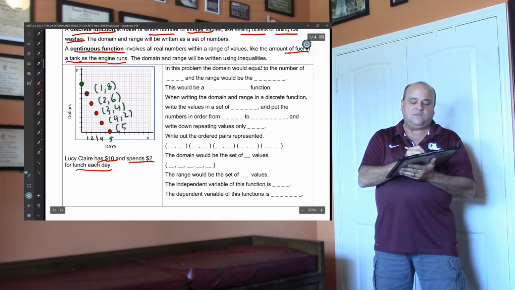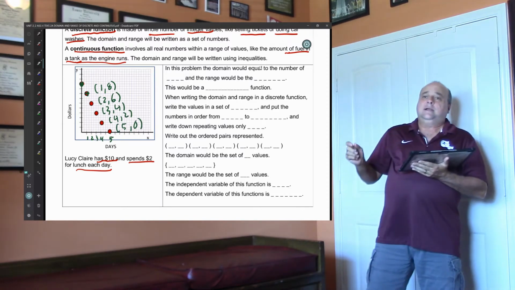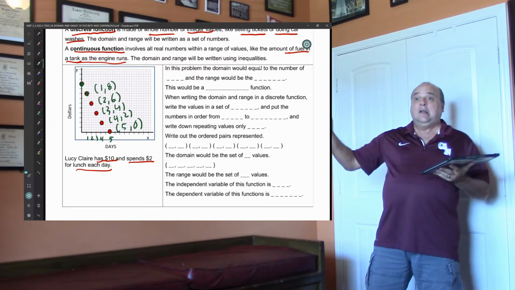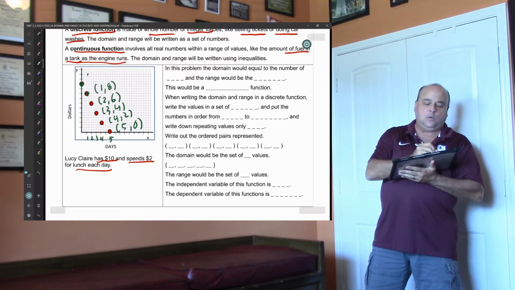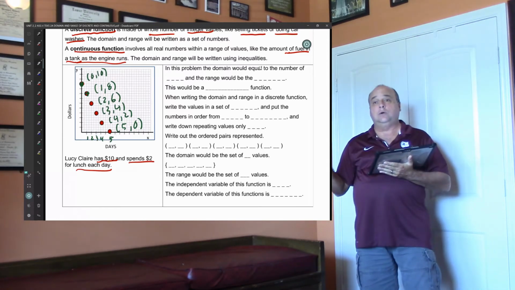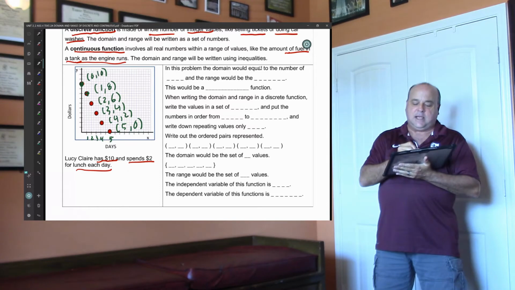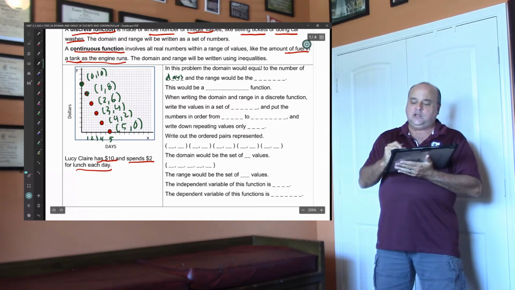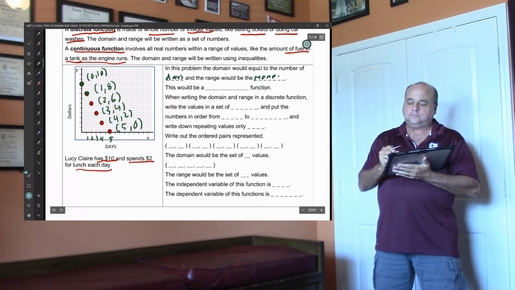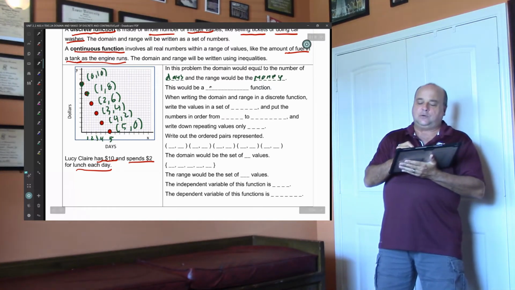And what happens on the 5th day? She would have $0, wouldn't she? Now, she would never ever have like $9.65. Her money would go down by increments of 2. This would be a discrete function. So in this problem, the domain would equal the number of days, and the range would be the money. This would be a discrete function.